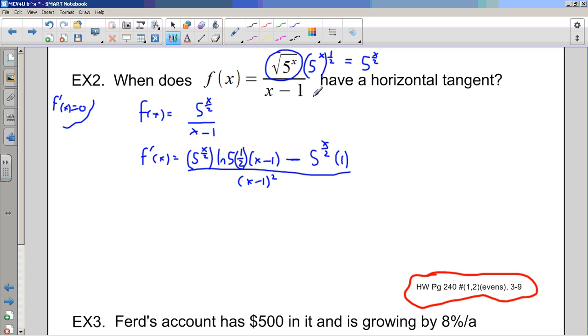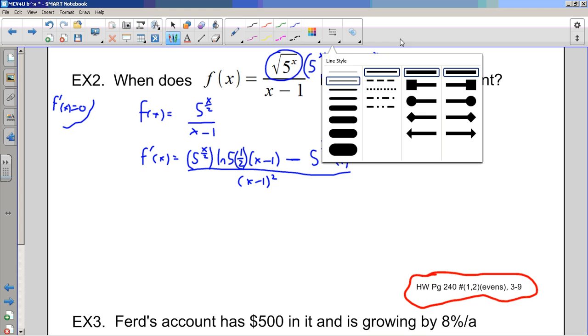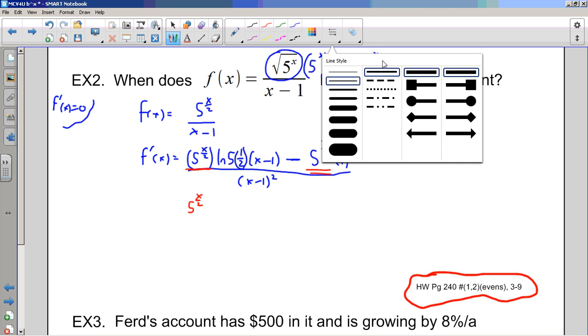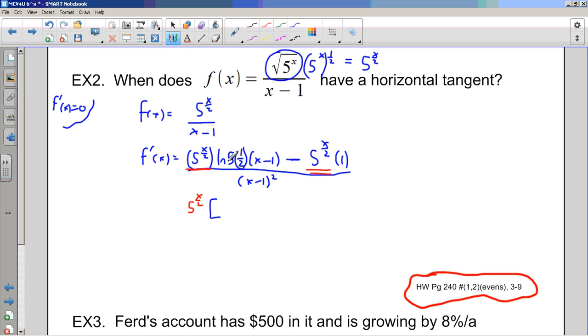And this is pretty nasty. Is there some simplifying I can do? There certainly is. Notice that this thing right here is a common factor, right? So I'm going to write that out front. And what do I got left? I've got ln of 5.